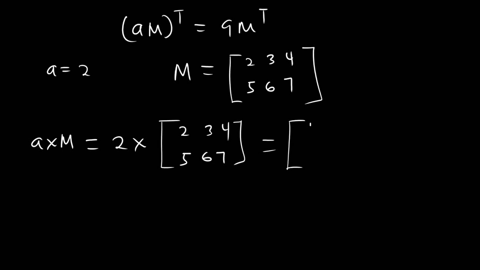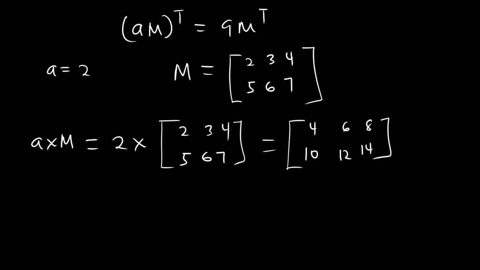So 2 by 2 gives me 4, then 2 times 3 gives me 6, 2 times 4 gives me 8, 2 times 5 gives me 10, 2 times 6 gives me 12, and 2 times 7 gives me 14.